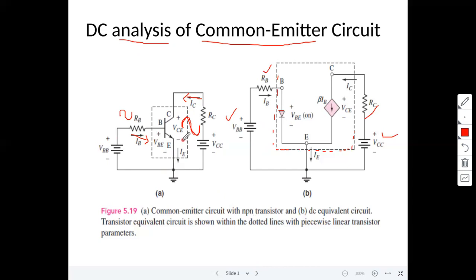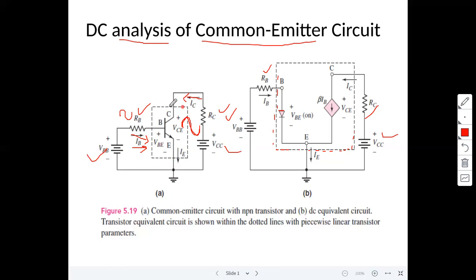These are unknown voltages and unknown currents. What are the known quantities? The known quantities are RB, RC, VCC, and VBB, right?